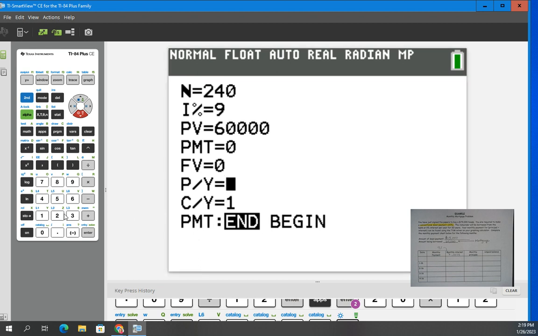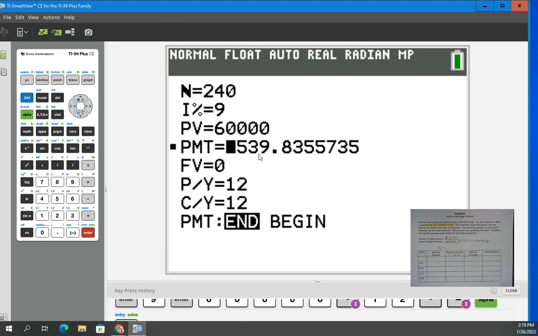And don't forget, you have to do the payments per year and the compoundings per year, but all have to be 12. Okay, so you go up here to the payment and you press the green alpha key and the enter key, and it will show us what your monthly payment is.